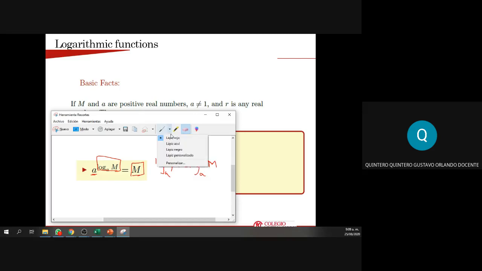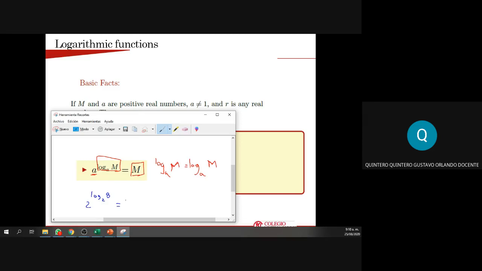What I have here is like saying as follows: 2 elevated to the logarithm base 2 of 8 equals 3. Oh, no, equals 8. Sorry, I made a mistake.